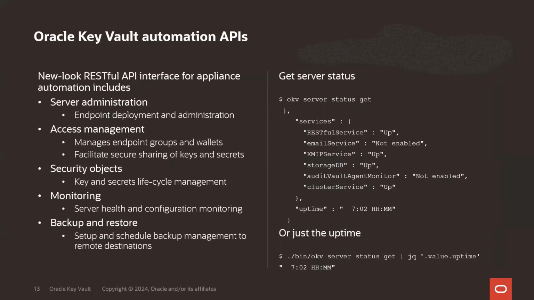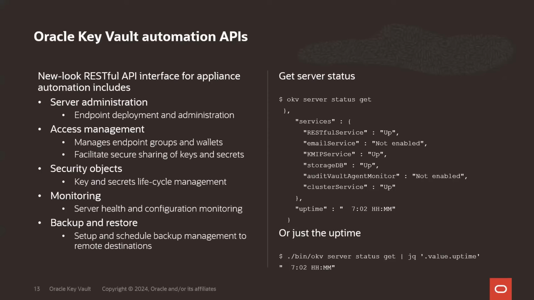Of course, if you have 22,000 databases in OKV, you cannot hire 50 people to click on web pages and onboard those databases into OKV. So this is all automated. It can be scripted very easily, and you can onboard your databases in, I would say, less than a minute. That's all automated, very easy, and we keep adding to our RESTful services.